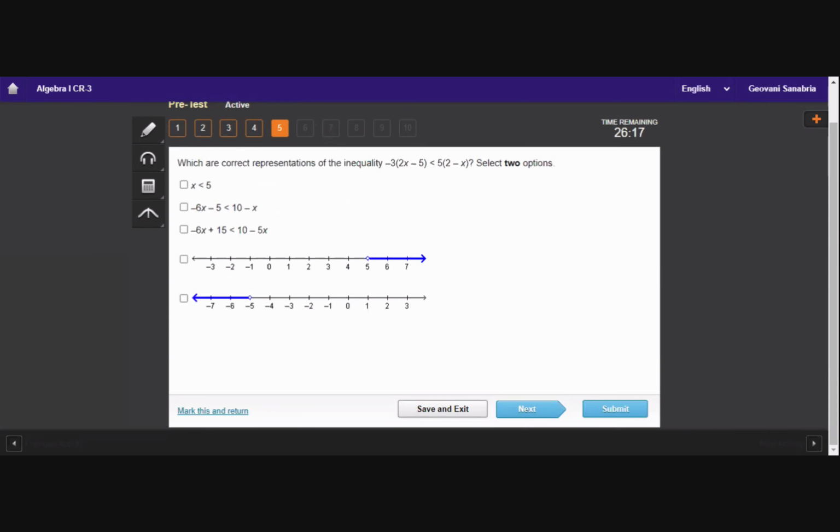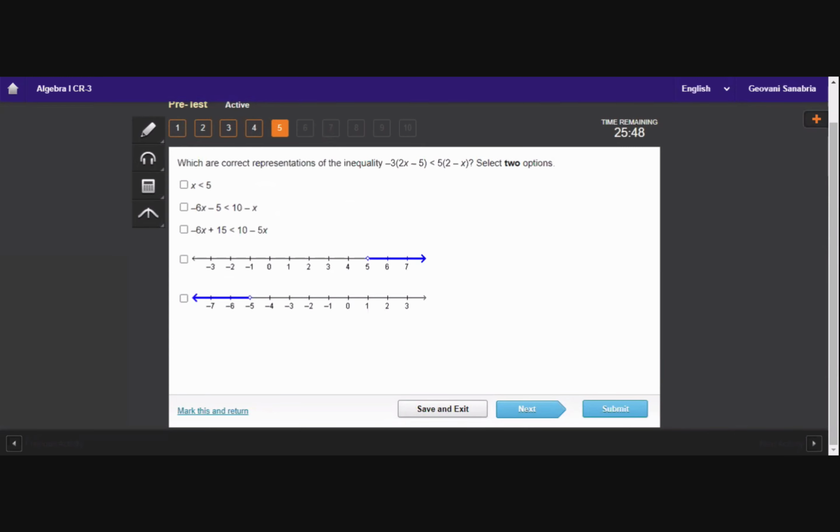Do you have anything yet? Yeah, I got negative 6x, negative 15, greater than 10, negative x. So you did the negative 3 times the 2x, and that's how you got the negative 6x. It should be 5x, right?